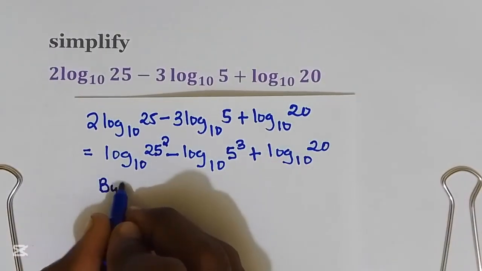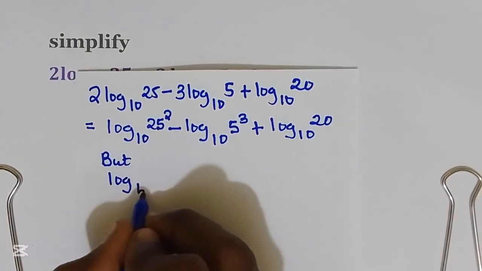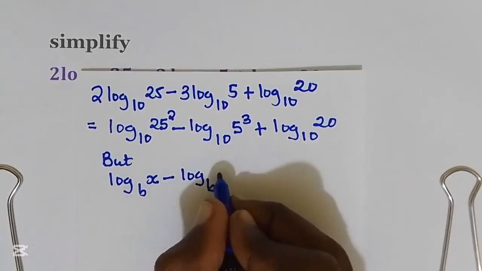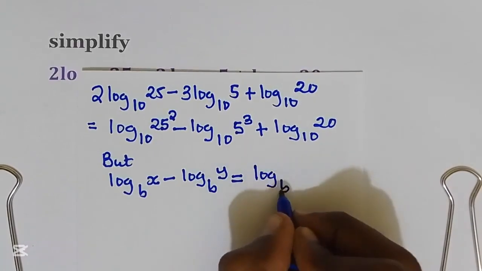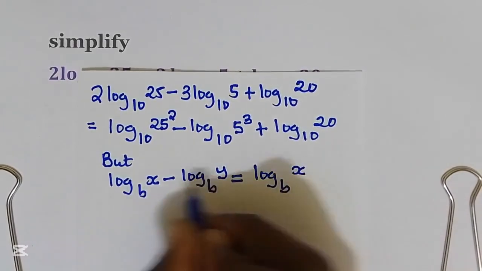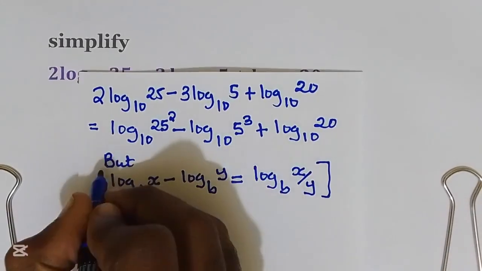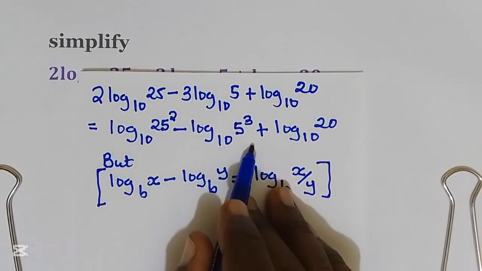But we know if we are given log base b of x minus log base b of y, this is equal to log base b of x over y. So we are going to use this law on this part here.